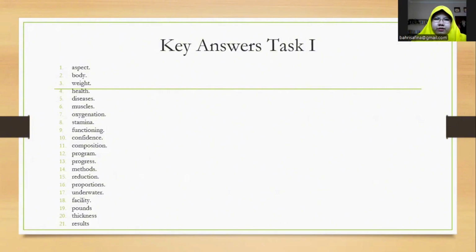Here are the key answers for the first assignment. As you can see, here are the answers for the 3 blanks. The first is program, the second is progress, and the third is proportions.